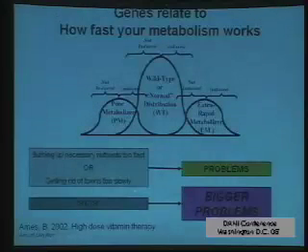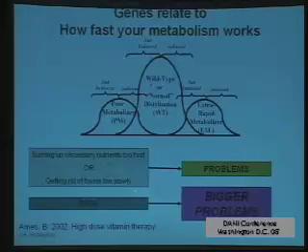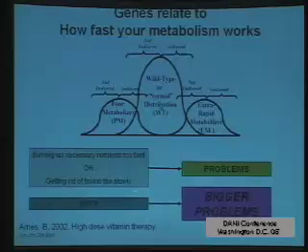Now, what does it mean to talk about genetic vulnerability? This is a slide, and I'll talk you through it. This is a normal distribution, and the middle one is sort of the wild type, people who metabolize at an average rate. What your genes do to a significant degree is they make enzymes which drive chemical reactions. They also make structural proteins and other things, but let's talk about the enzymes.